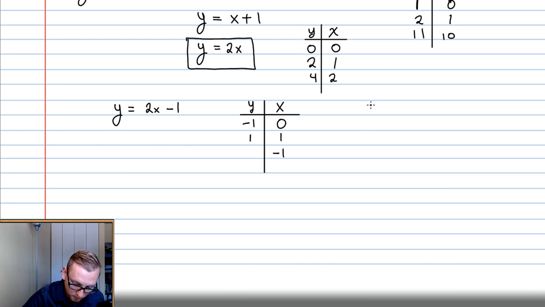So if we have 2 times x and we say -1 is x, we have to plug in the entirety of what's in the parentheses. So we'd have 2 times -1.